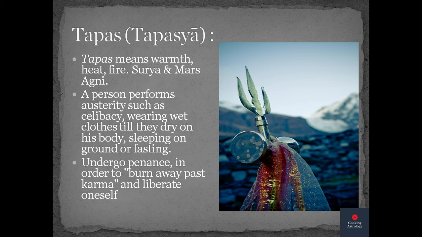Whenever you are doing tap or tapasya, you are creating some kind of Yoga Agni or some kind of aura around you. And you are strengthening your Agni Pradhan planets, which are Surya, Sun, and Mangal, Mars. So that is why it is very, very important for you to do the Tapasyā. It is a form of sadhana.